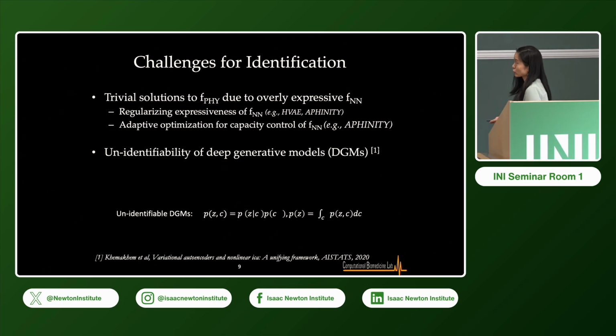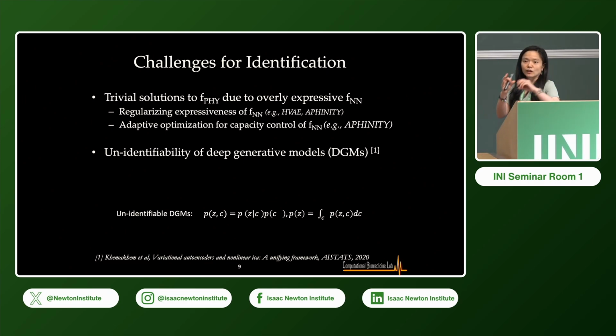When we do a variational autoencoder, you have a decoder that's supposed to describe the likelihood of how this latent variable gives rise to your data. Then you have some prior distribution on your latent variable. And then you have the encoder of the variational autoencoder that's supposed to give you the posterior distribution of your latent variable.